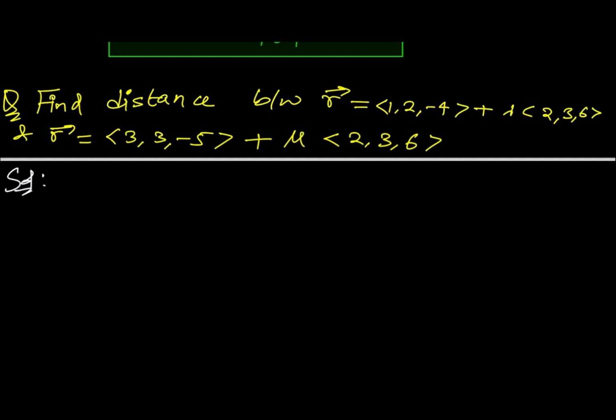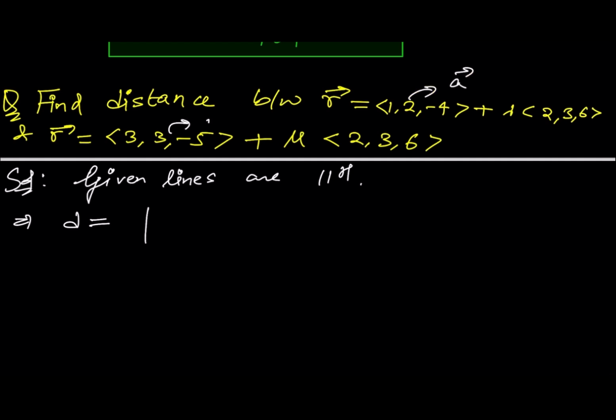So right here the given lines are parallel, so D will be mod of C minus A. This represents A vector, this represents C vector, right?